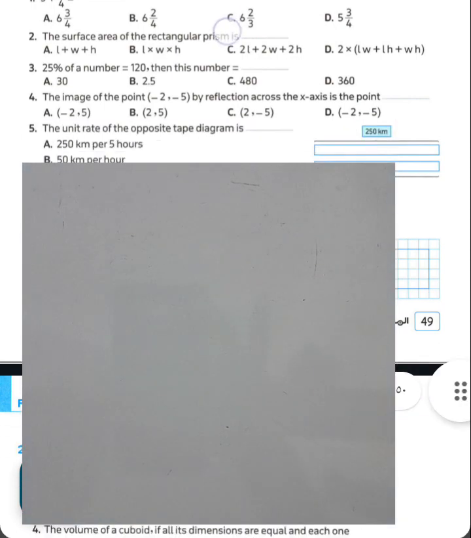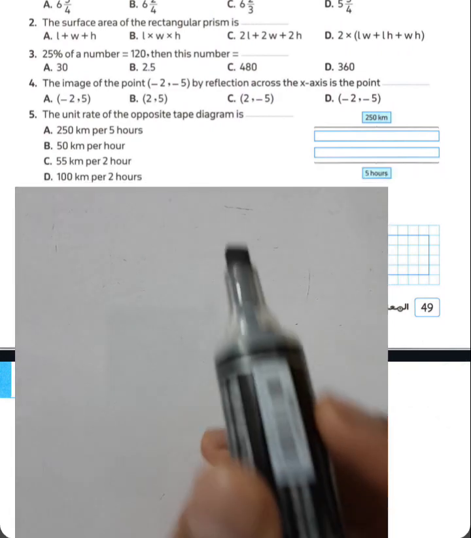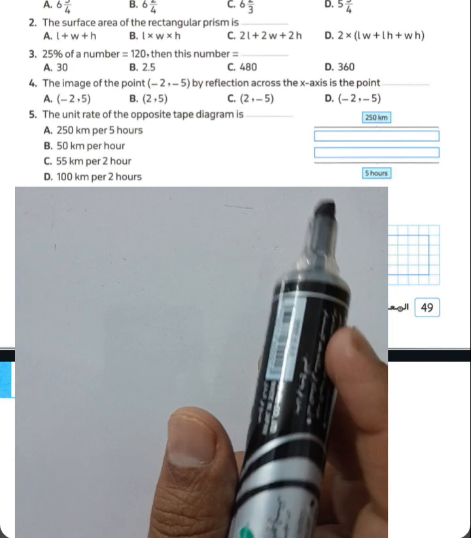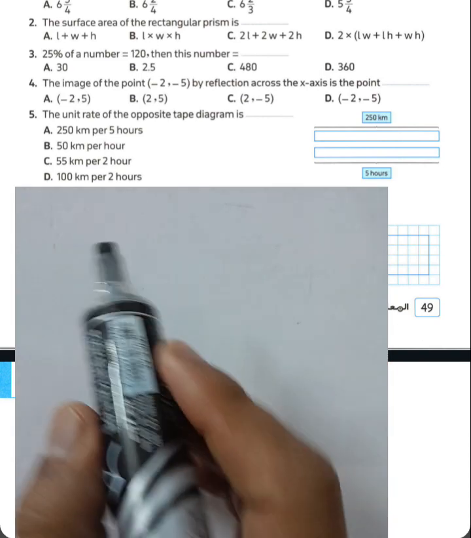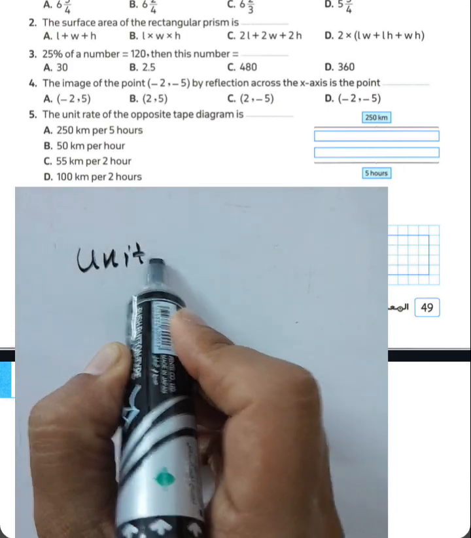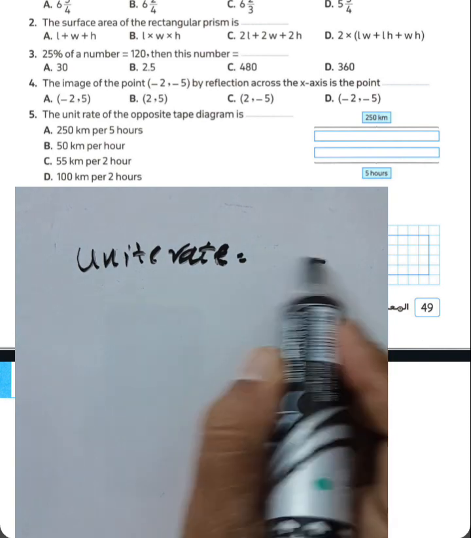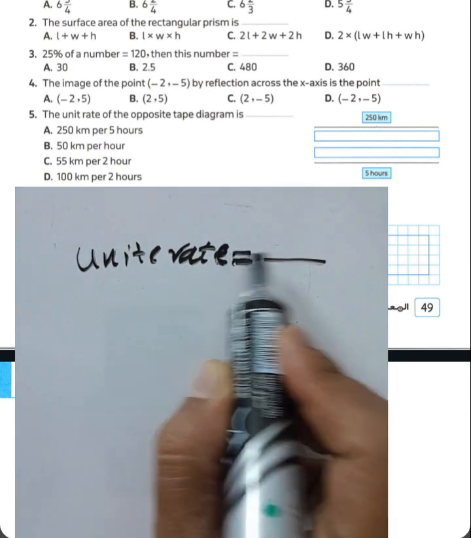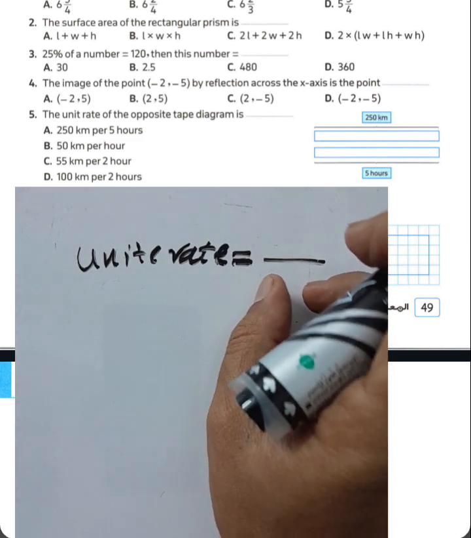Question number 5. The unit rate of the diagram, we can write 250 divided by 5. We want to find the unit rate. We know a unit rate compares two different quantities and the denominator will be equal to 1.